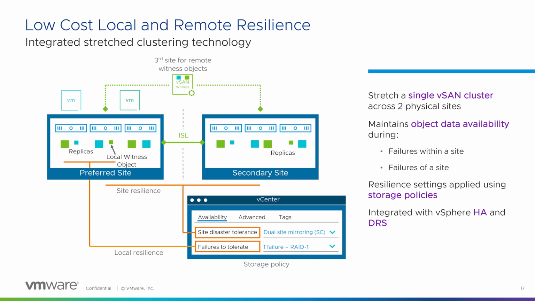And one of the capabilities of this architecture with this stretch cluster is that if any one of my nodes fail, the VM will continue to run from the other site, okay? I can also have what we call a secondary failure to tolerate. And in this case, what it means is I am going to set up a policy.